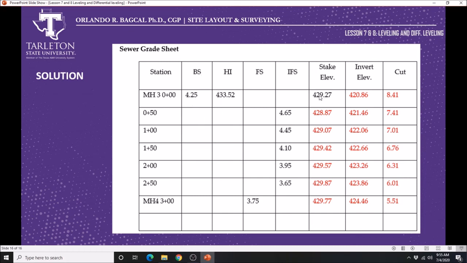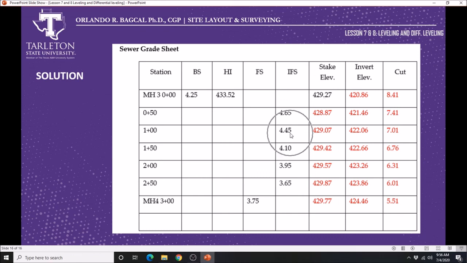All of these values here are given, and you did this based on the differential leveling method. You calculated the backsight, and we have the individual foresights at each of those stationings until you reach your manhole tree.